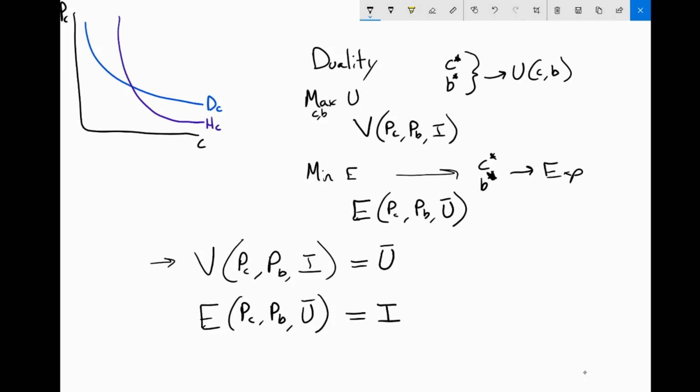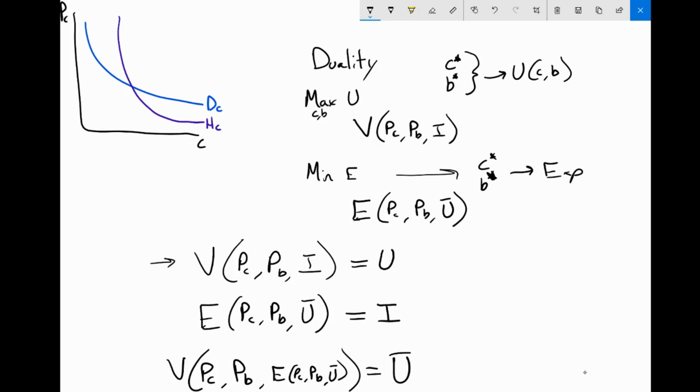If I take the expenditure function, I plug it into the value function. So let's say I do that. PC, PB. Instead of having I, I plug in the expenditure function. That's going to give me utility bar.